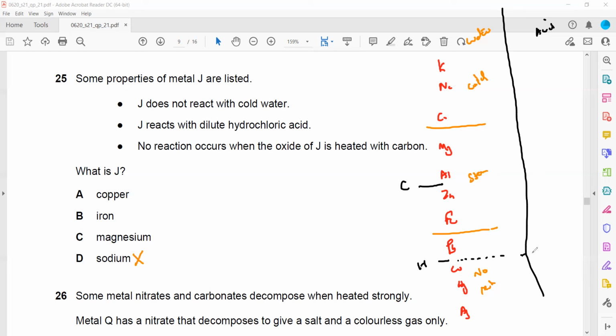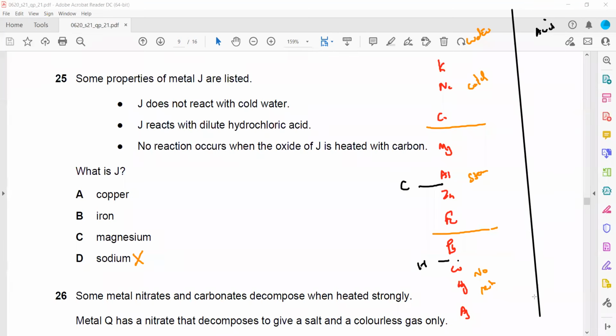When we compare the reactivity till lead, they can react with dilute acids, and below that they can react with only concentrated acids. So it means the element can be from magnesium till lead. It cannot be copper.